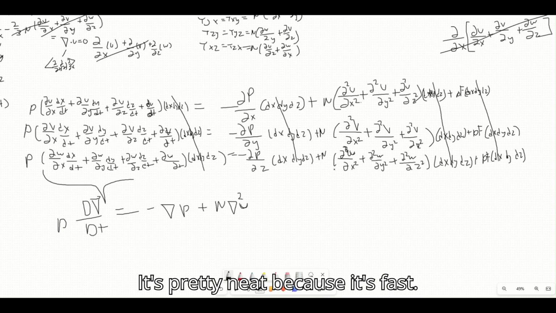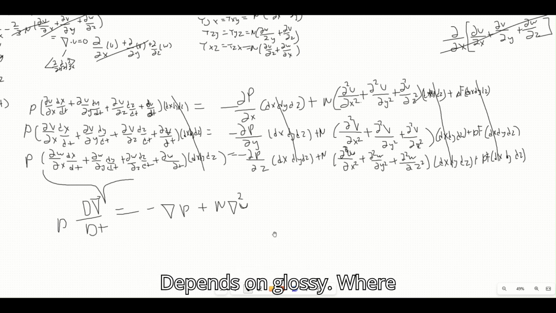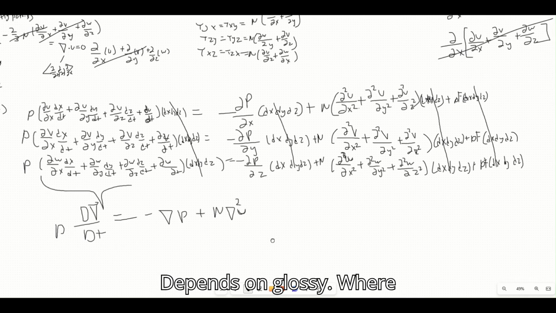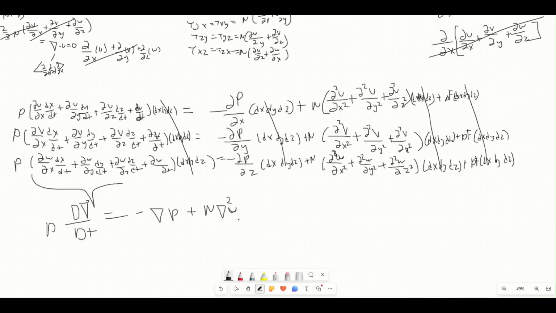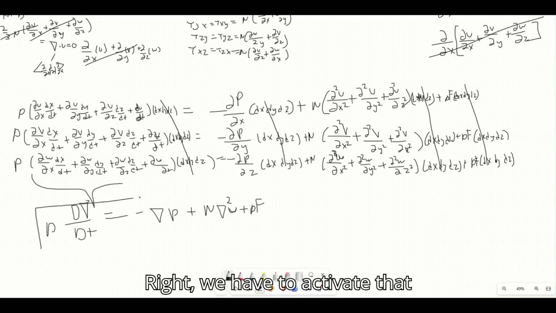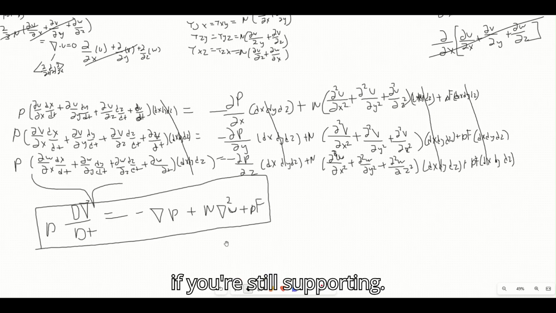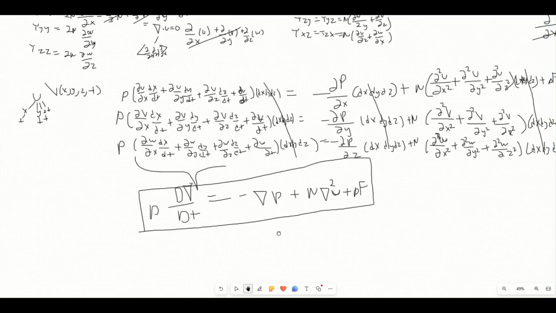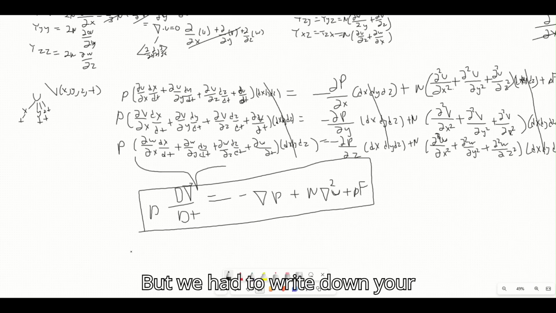It's pretty neat because stress depends on velocity, and force depends on the stress. Okay, and then our final body forces. And there it is. We have derived the Navier-Stokes equation.